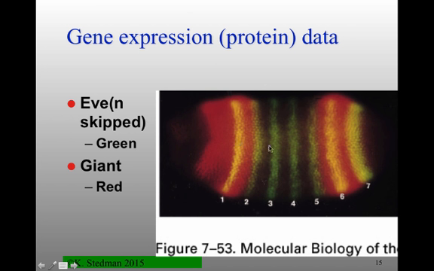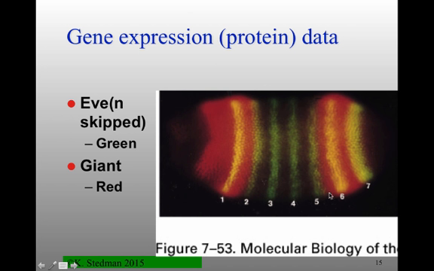You look here, there are actually 7 different stripes. Green here, where they're not overlapping with expression of the giant protein. Yellow, where of course red and green come together. So 7 different stripes, 1, 2, 3, 4, 5, 6, 7 stripes of even-skipped.